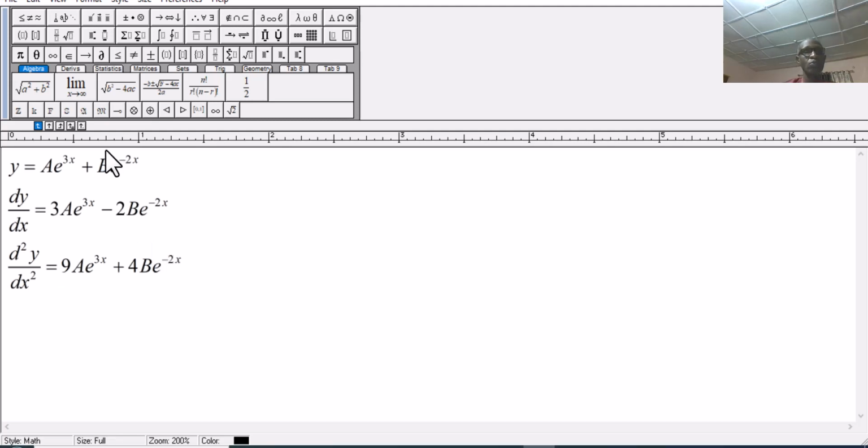Once we have done that, let's see whether we can reduce this. Let's factorize minus 2 out.